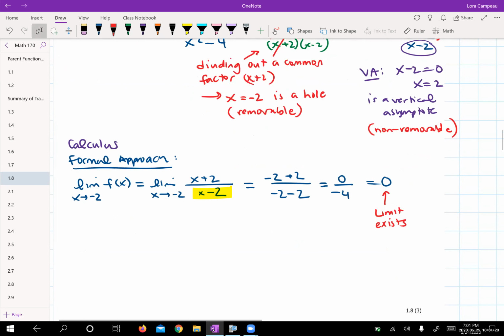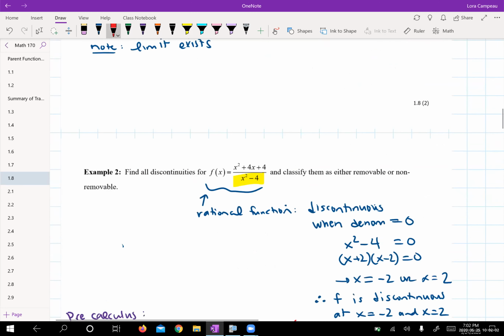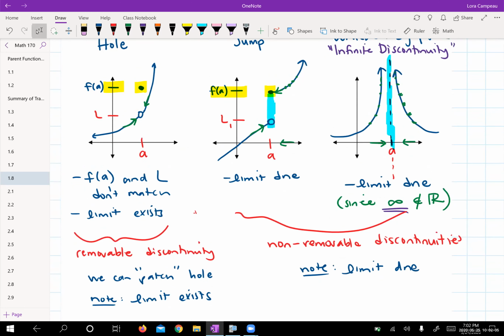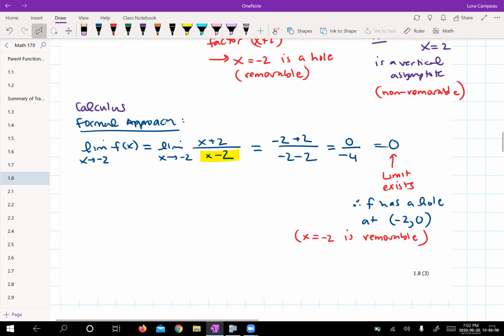So we can say that f has a hole at x equals -2, 0. And by the way, x equals -2 is removable. So as soon as you find that the limit exists for that particular value in question, notice that from the criteria of what we defined earlier, you can say, okay, limit exists, it's patchable, it's a removable discontinuity.